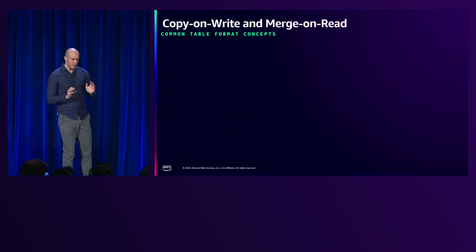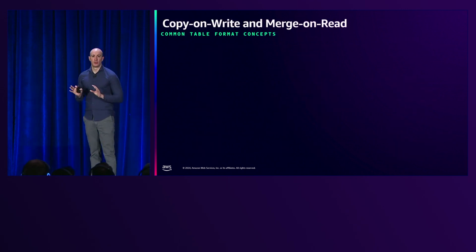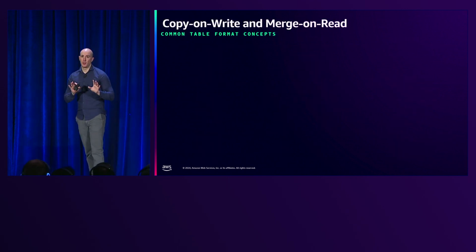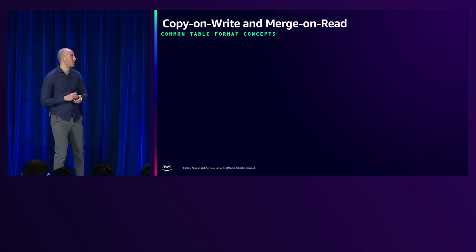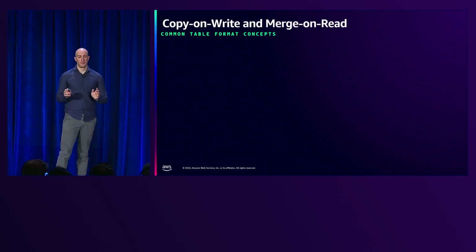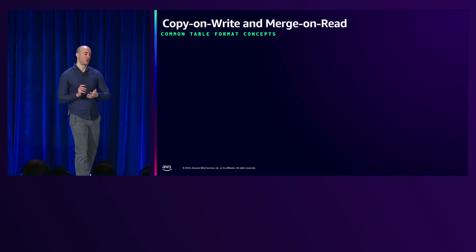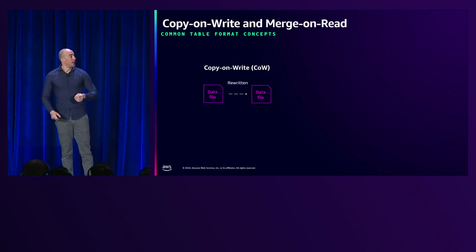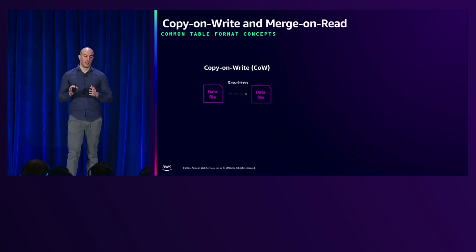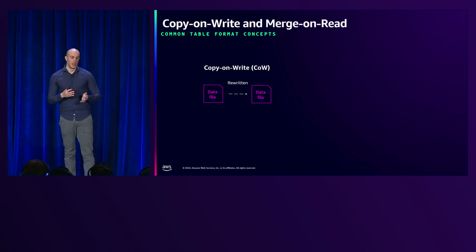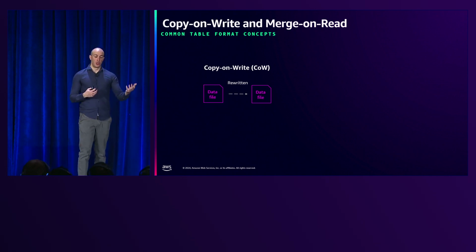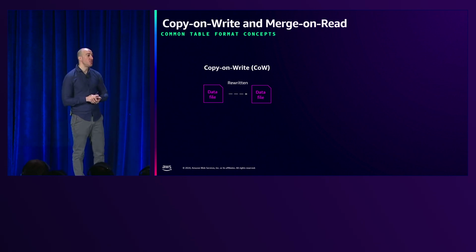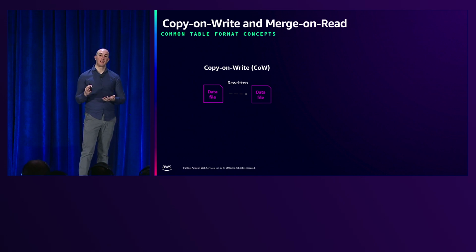Iceberg provides two main concepts, and you have heard about both: copy on write and merge on read. In a copy on write scenario, the open table format tells the engine to rewrite the entire data.